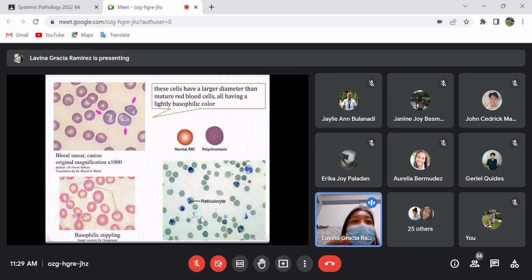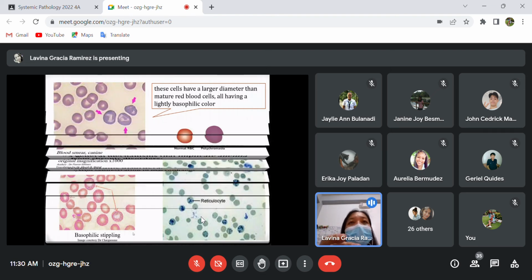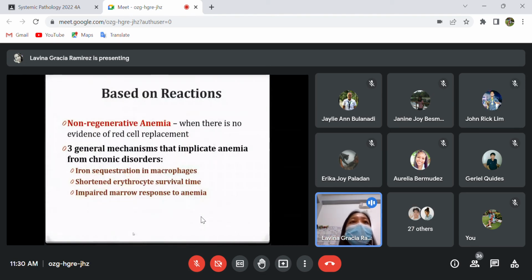So this polychromatophilic staining, basophilic stippling, reticulocytes, and some immature cells are the picture of a regenerative type of anemia. Now, for the non-regenerative anemia.